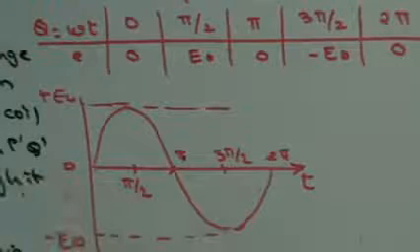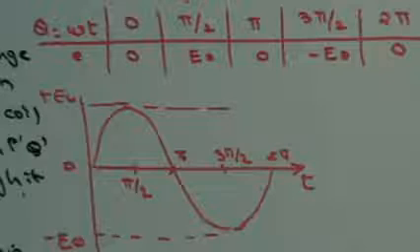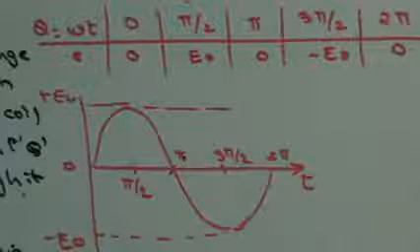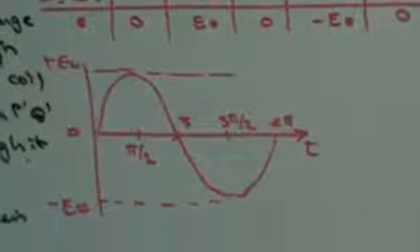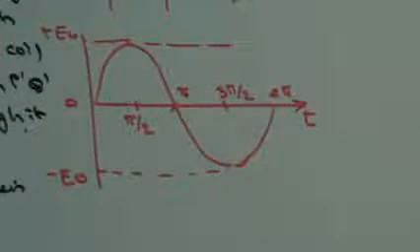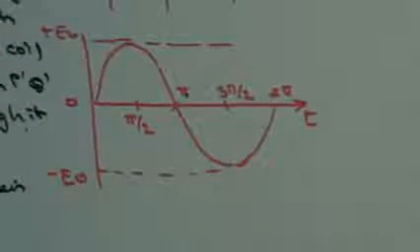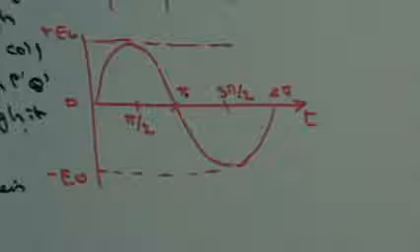So those are going to be your different values. I can say that from the graph it can be seen that during half the rotation of the coil, the induced EMF is positive, and during the other half rotation of the coil, the induced EMF is negative. It reverses its polarity.